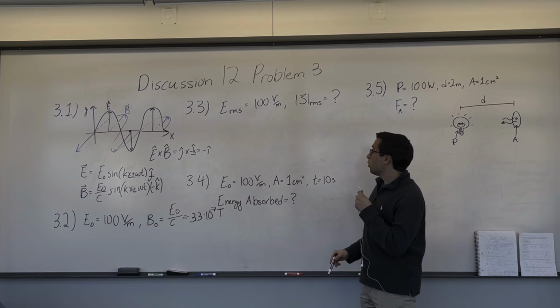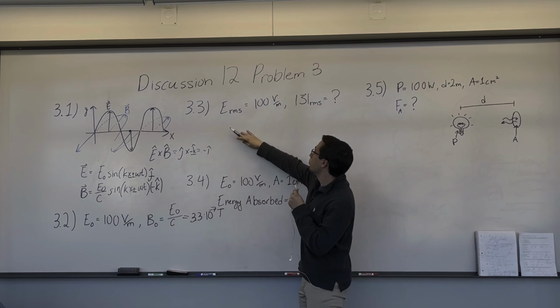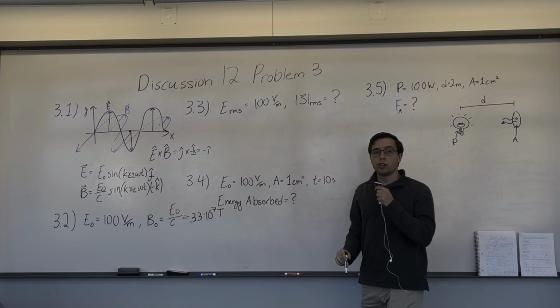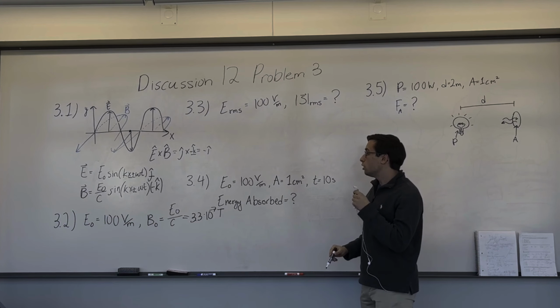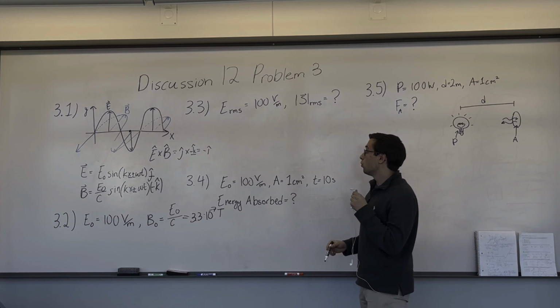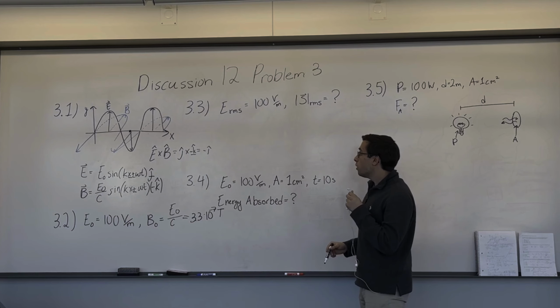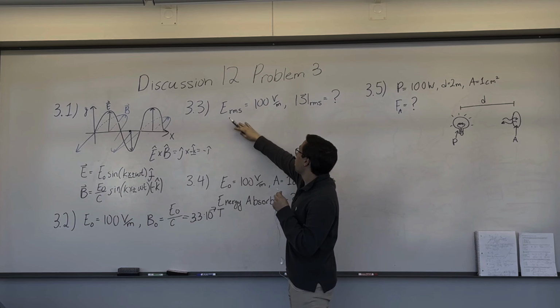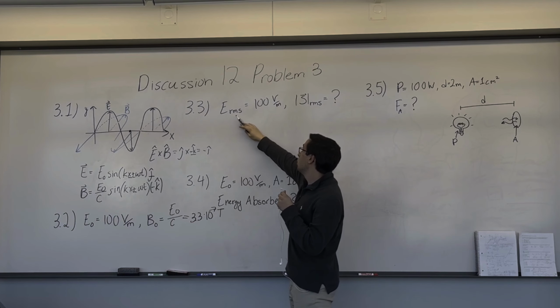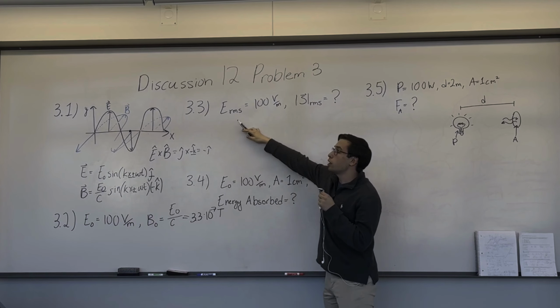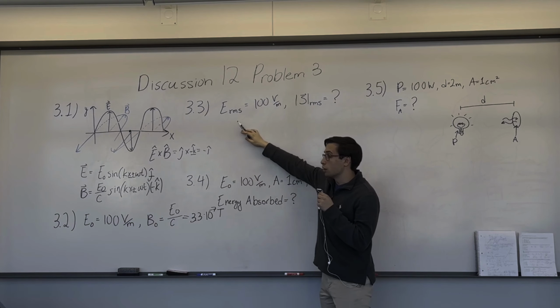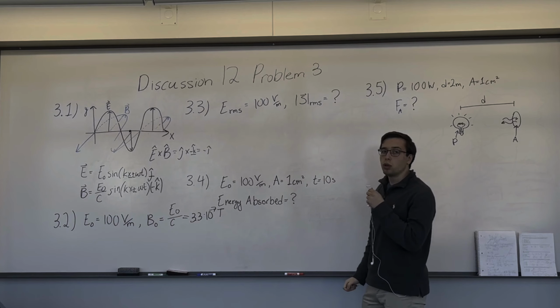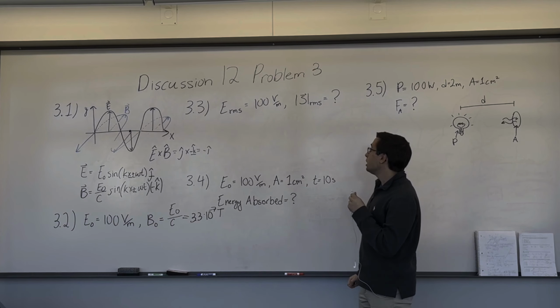Now, let's look at 3.3. So now we're introducing our idea of root mean square, which is very helpful for waves. And so specifically, we're told the root mean square value of our electric field amplitude. And what we want is the average intensity of our wave.